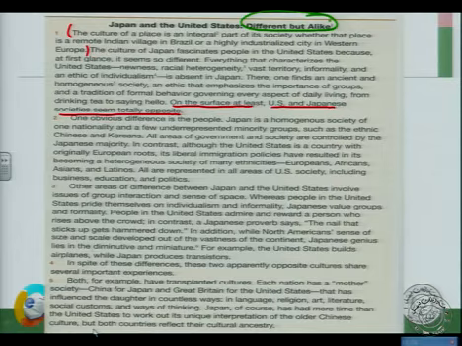So, the general statement was talking about the culture of a place. The thesis statement, at the end of the introduction paragraph, says, on the surface at least, US and Japanese societies seem totally opposite. Now from the thesis statement, I can guess what the body paragraphs are going to talk about.